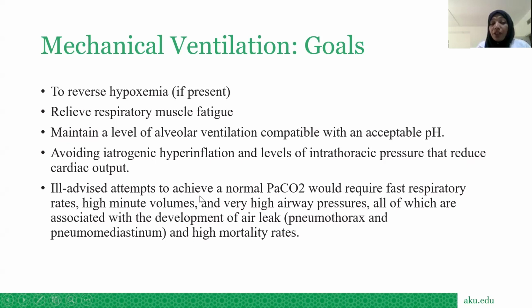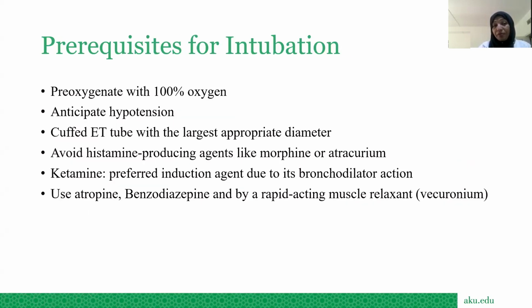Another important strategy while ventilating a patient with asthma: you do not target a normal PCO2. You target permissive hypercapnia. Because if you target normal PCO2, you will require a fast respiratory rate, high minute ventilation, and very high airway pressure. All of these strategies can lead to the development of air leaks. The patient can have pneumothorax, pneumomediastinum, and there are high chances of mortality in these patients.